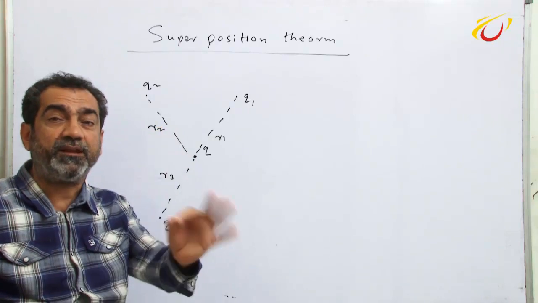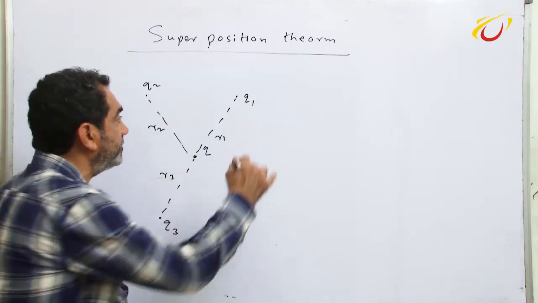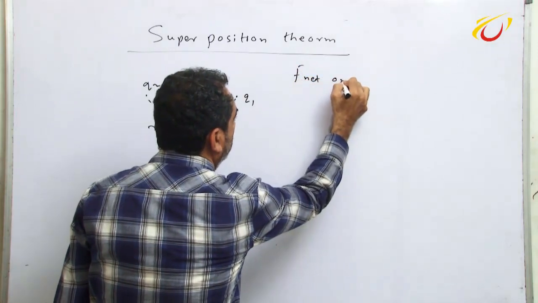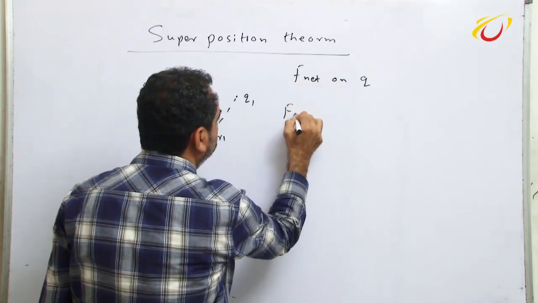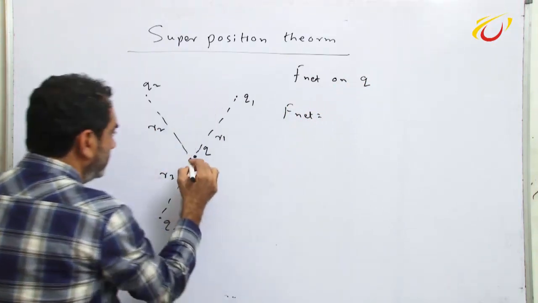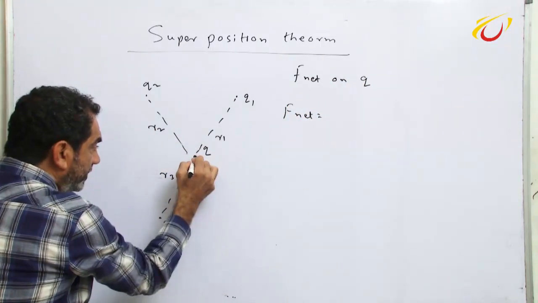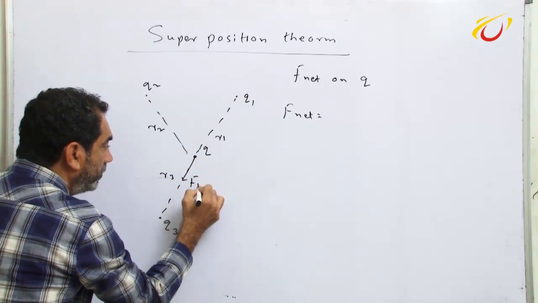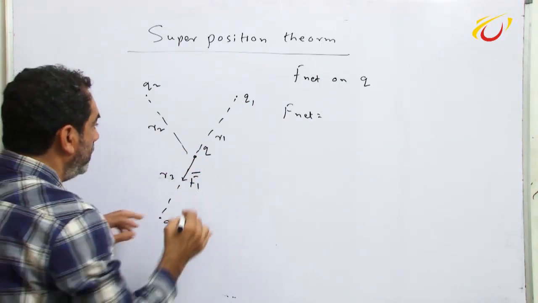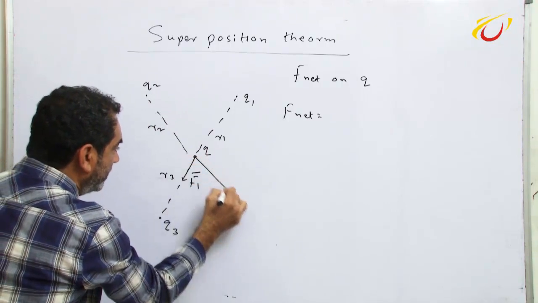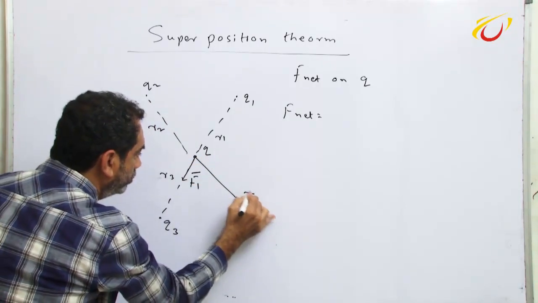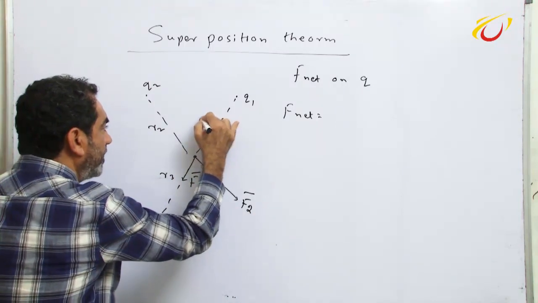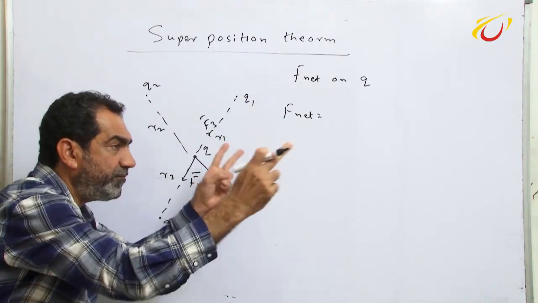Now the net force, or total force, will be simply the vector sum, I repeat, the vector sum of all forces. So F net on Q will be given by: due to this, see, repulsion here F1, due to this repulsion here F2, due to this repulsion here F3, all repulsion because both are positive, they will repel.